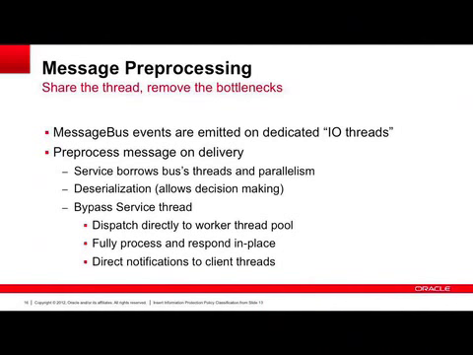Or we can directly process the message if it's very simple and cheap, for example, a backup request: back this piece of data up, put it in this map here, great, done. So we can start doing what we're calling message preprocessing, doing a lot of the work that was historically done on the service thread on the I/O threads, borrowing them from the I/O thread pool. And this gives us a single place to start tuning the size of this thread pool to respond to how many physical resources and cores we have to work with. Okay.